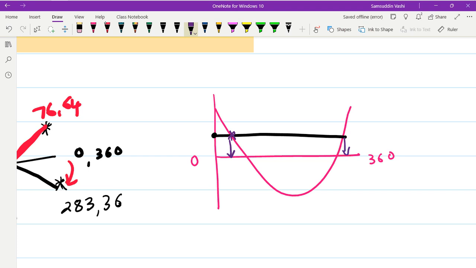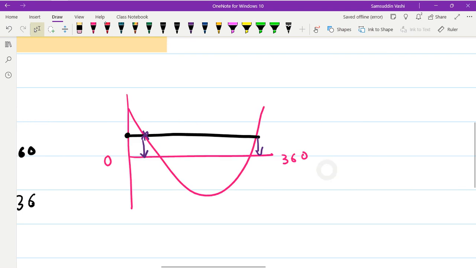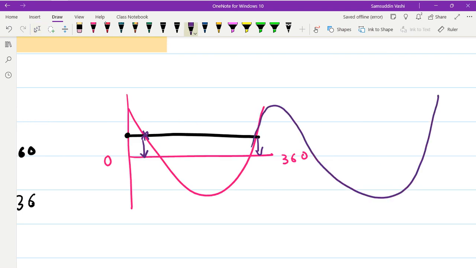So the graph is also telling me 0 to 360, 2 answers. My calculation is also telling me 0 to 360, 2 answers. And my Cartesian plane is also telling me 0 to 360. How many answers? 2.